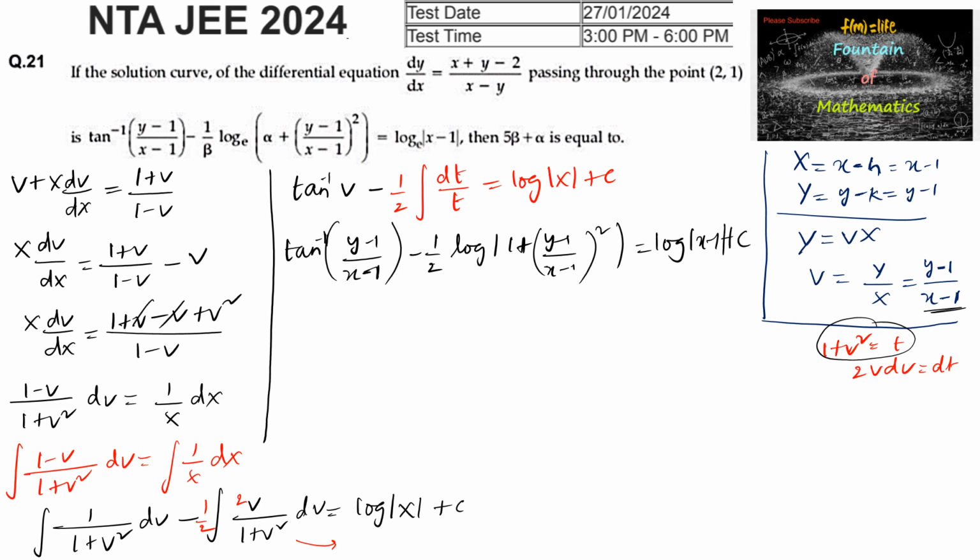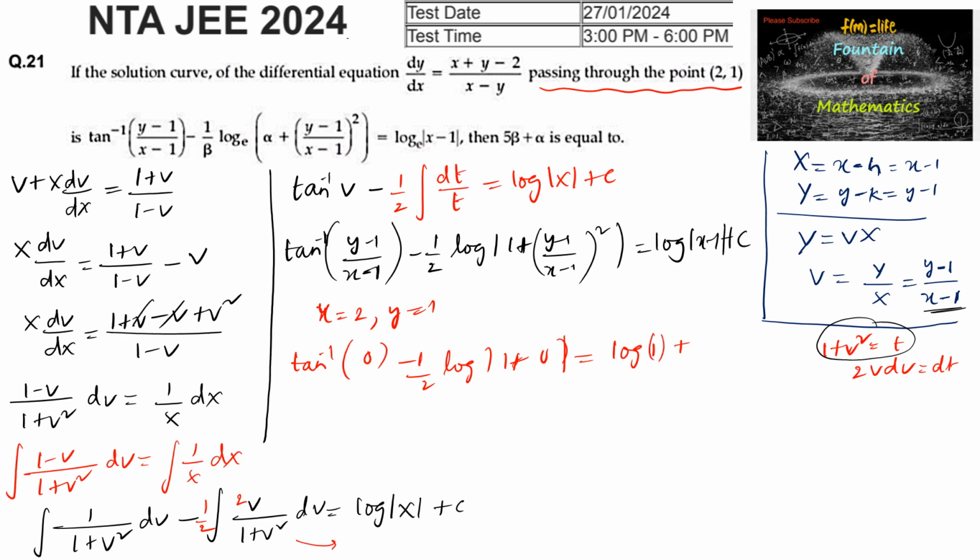plus c. So to find the integral constant c, since it is given that the equation of the curve is passing through the point 2 comma 1, let us substitute x is equal to 2, y is equal to 1. So we have tan inverse of 1 minus 1, that is 0, upon 1 minus 1 by 2 log mod of 1 plus 1 minus 1, again 0 here, which is equal to log of x minus 1, that is 2 minus 1, is log 1 plus c.